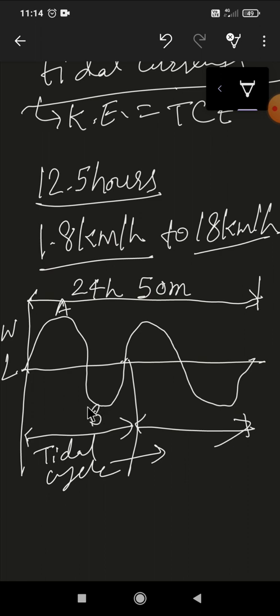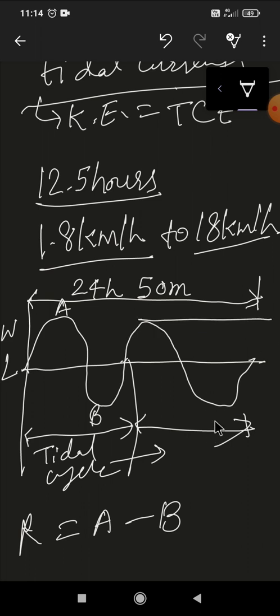The tidal range R is the difference between consecutive high tide and low tide water levels. So R is equal to the high tide level, A, minus B.